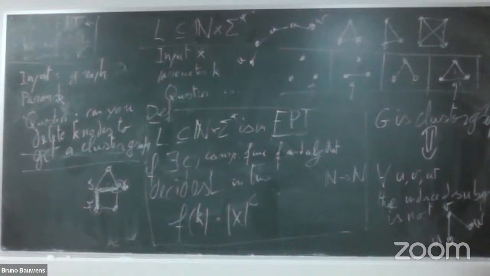Okay, so to prove this equivalent, there is one easy direction and one difficult direction. The easy direction is that if it's a cluster graph, we will not see this thing. Yes, this is obvious.